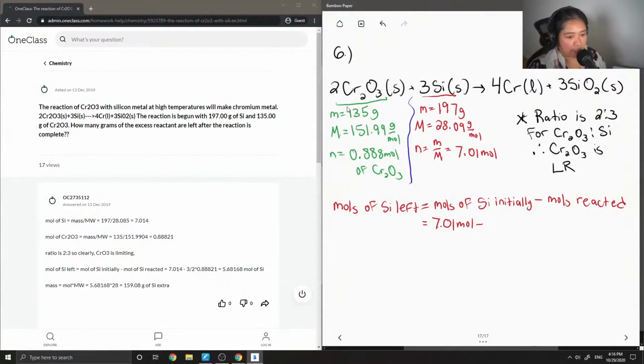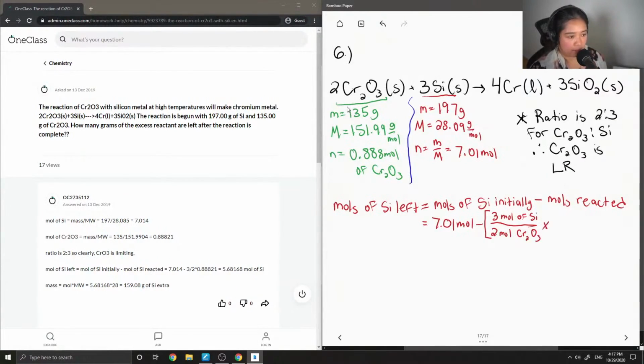To calculate the moles reacted, this is when you would take into account the mole ratios. So we know that 3 moles of the silica reacted with 2 moles of Cr2O3.